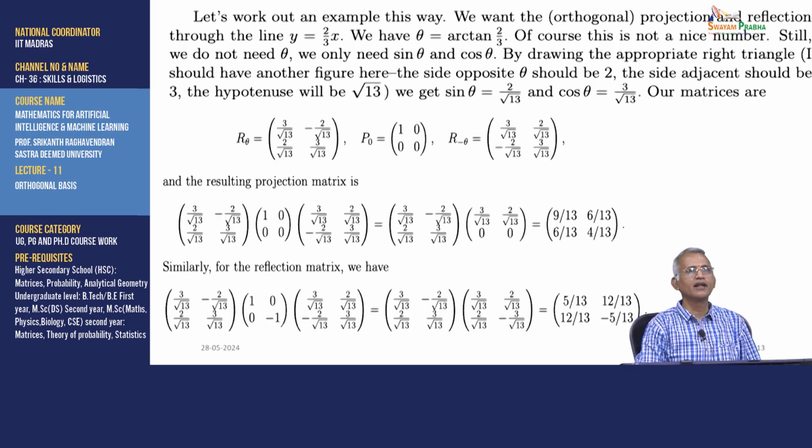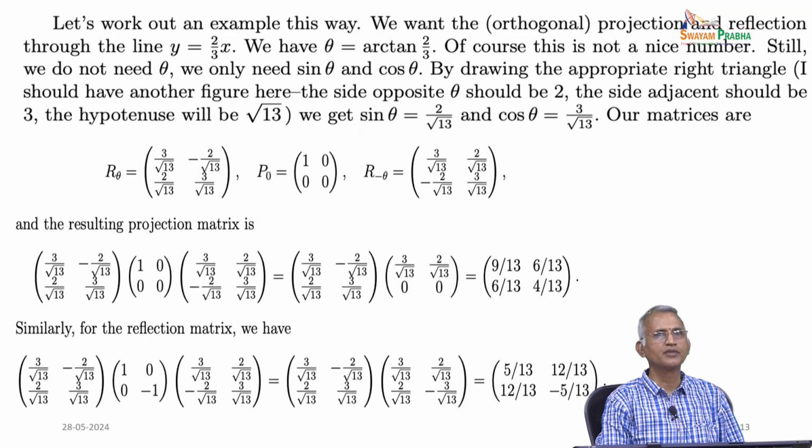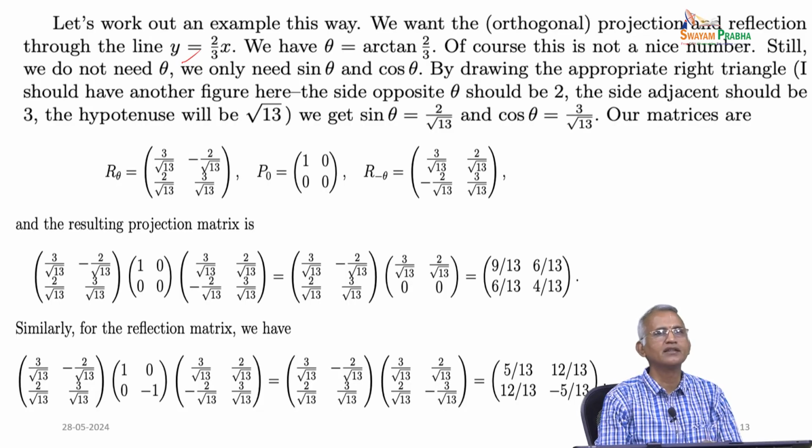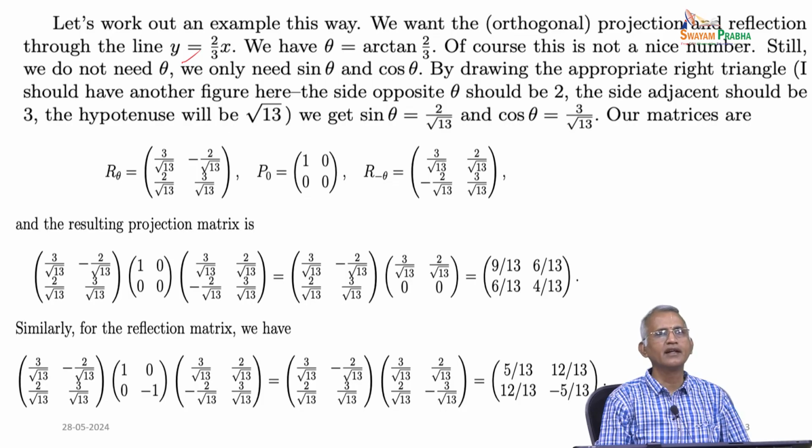Now, let us work out an example this way. We want orthogonal projection and a reflection through the line y equal to 2 by 3x. So, we have theta equal to tan inverse of 2 by 3. Of course, this is not a nice number, still we do not need theta, we only need sin theta and cos theta. By drawing the appropriate right triangle, the side opposite theta should be 2, the side adjacent should be 3, the hypotenuse will be root 13, right.